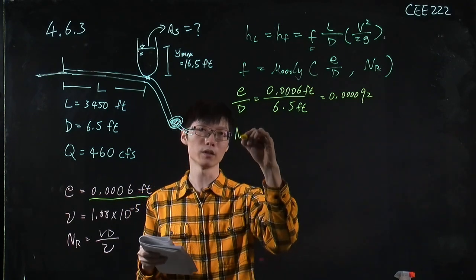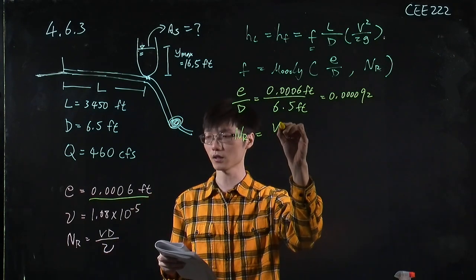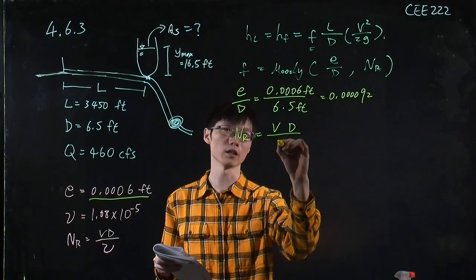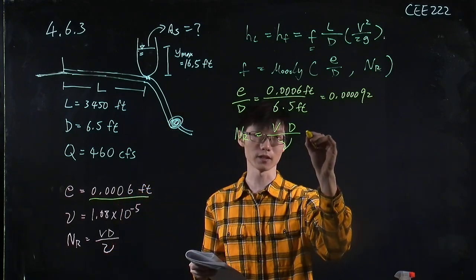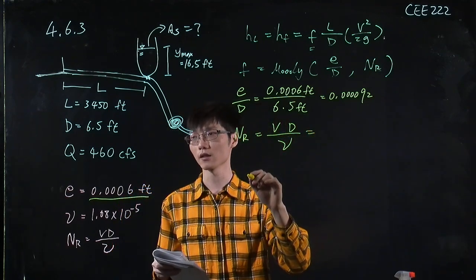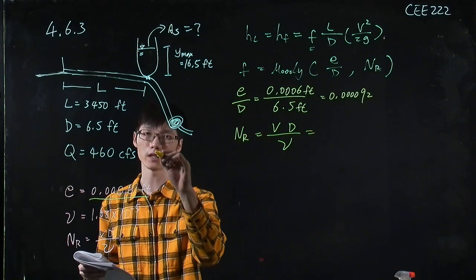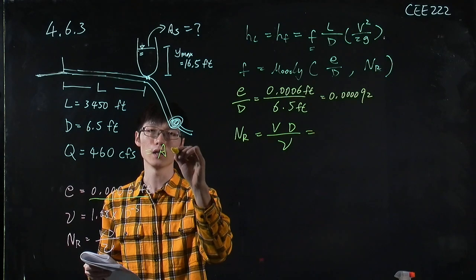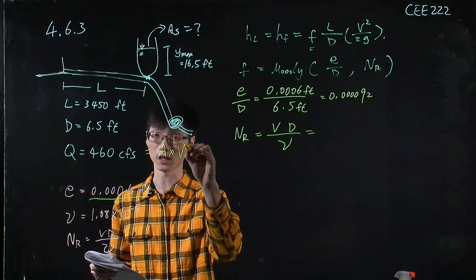And the Reynolds number, as I show here, is equal to the velocity times the diameter divided by the dynamic viscosity of the water. So how do we calculate the velocity? We have the flow rate here. This will equal the area times the velocity, right?